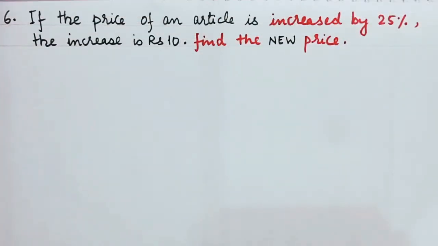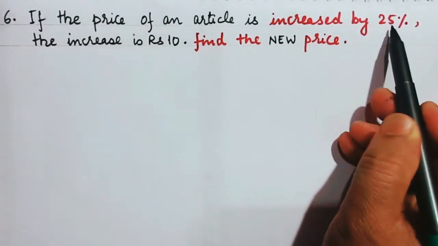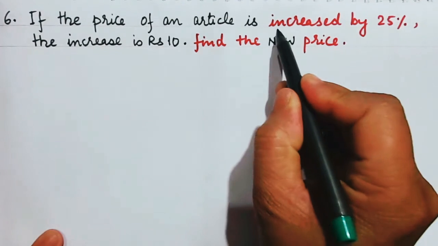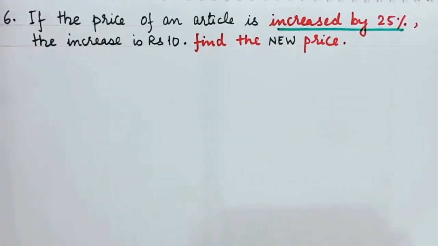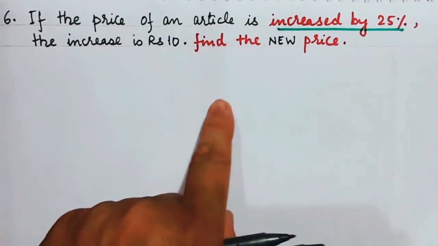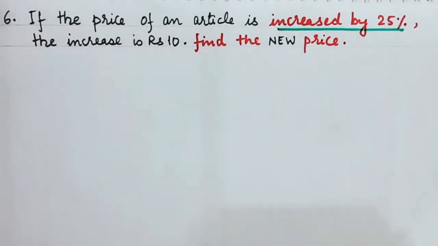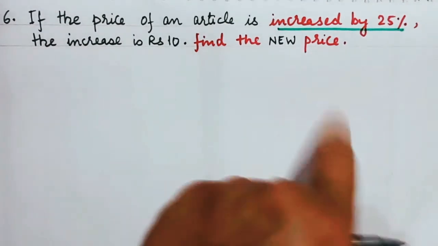Okay. If the price of an article is increased by 25%, have a look over here. If the price of an article is increased by 25%, as I said, the percent means 100.